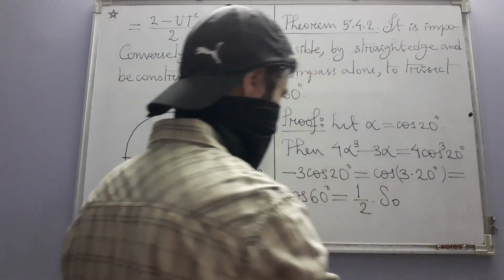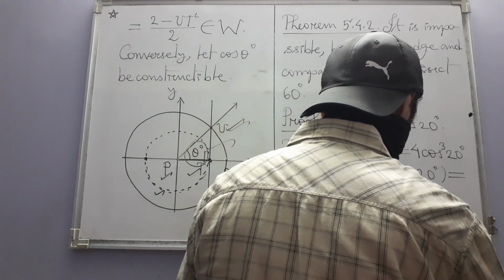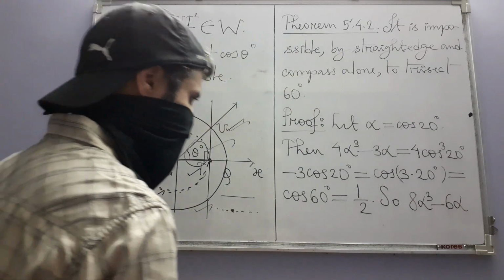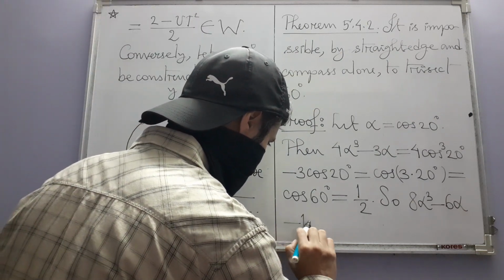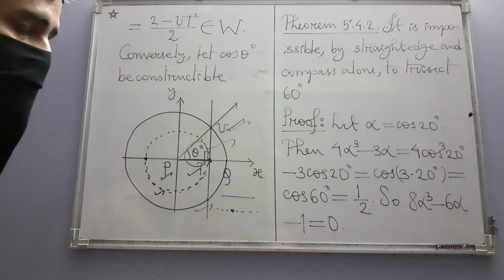That means if we manipulate this a little bit, we get 8 alpha cube minus 6 alpha minus 1 is equal to 0, which means what?